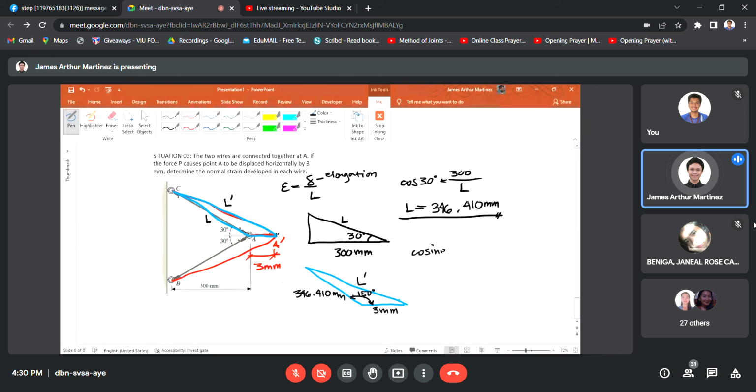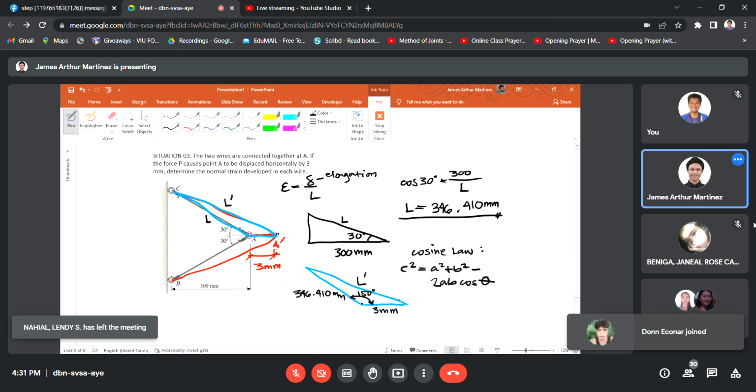We have sine law and cosine law for triangles that are not right triangles. By cosine law, we have the equation c squared equals a squared plus b squared minus 2ab cosine of the included angle C, or in this case, 150 degrees.